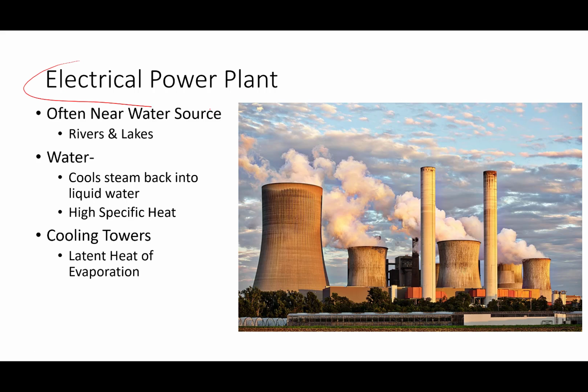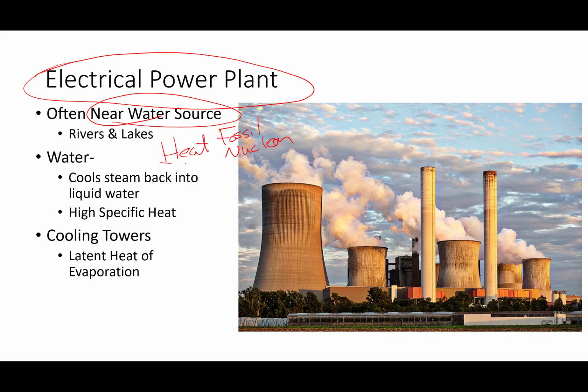If you have an electrical power plant that uses heat as a source of power, meaning fossil fuels or nuclear power, very often they are going to be near some sort of a natural water source.